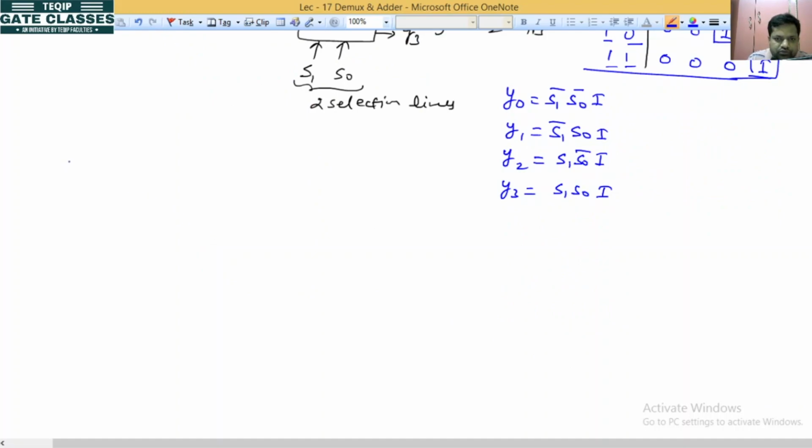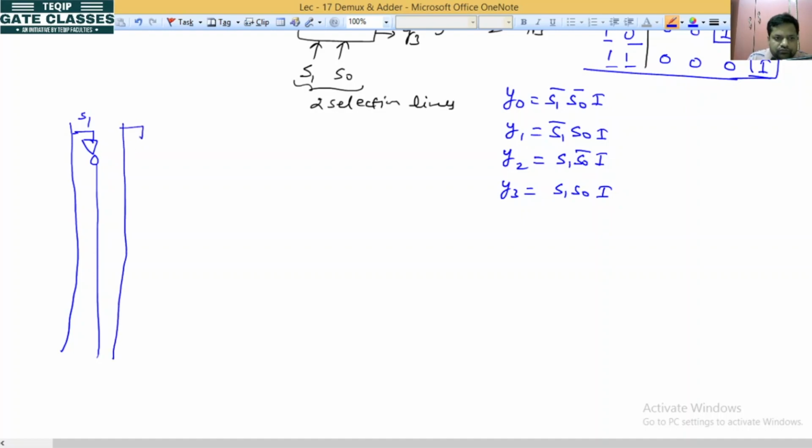So we have to implement it. To implement it, we have S1 and we have not of S1, because S1 bar is also here. S1 bar भी है ना, तो इसलिए हमें उसका नॉट गेट भी चाहिए. नॉट गेट मीन्स उसका कंप्लीमेंट. ओके ना?